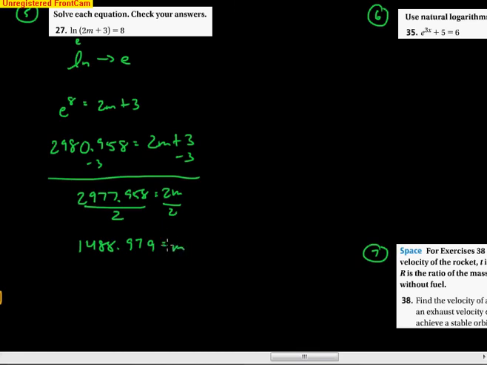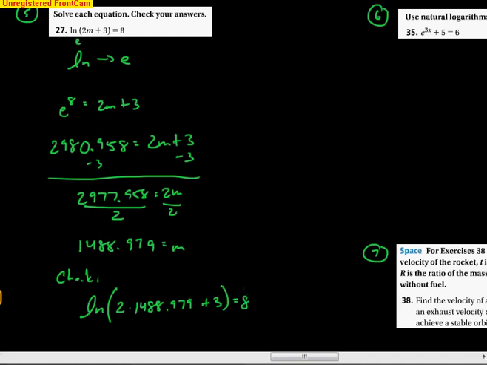And that is m. So again, this is a log problem, so you must check your answer. And to check this, I'm simply going to plug it back in. So the natural log of 2 times 1488.979 plus 3 should come out to be 8.